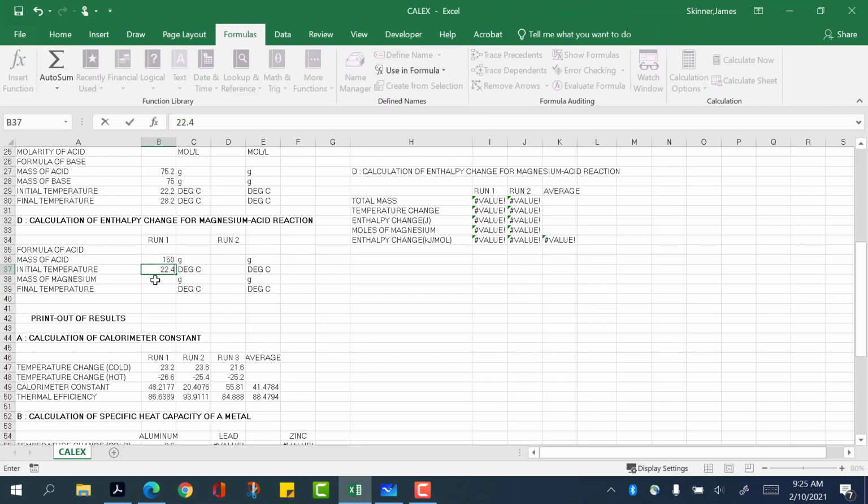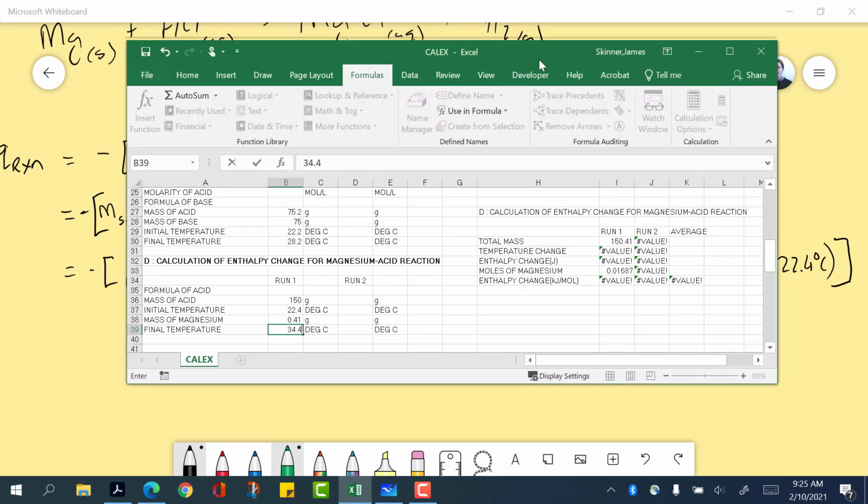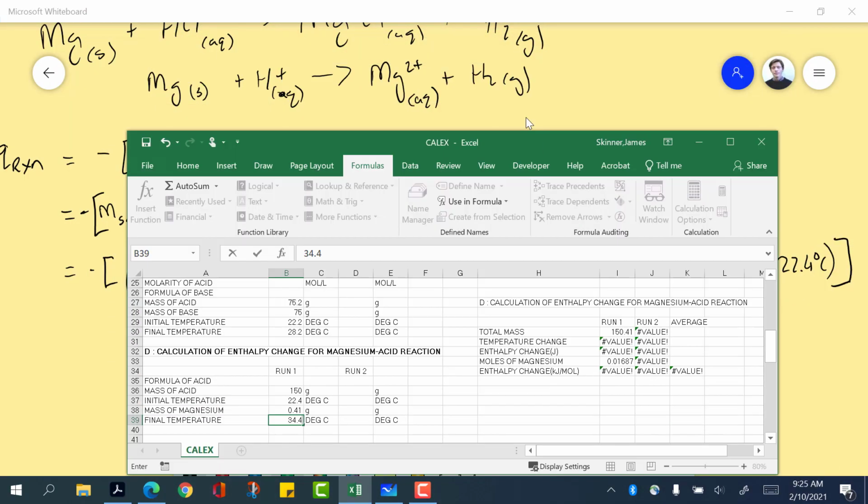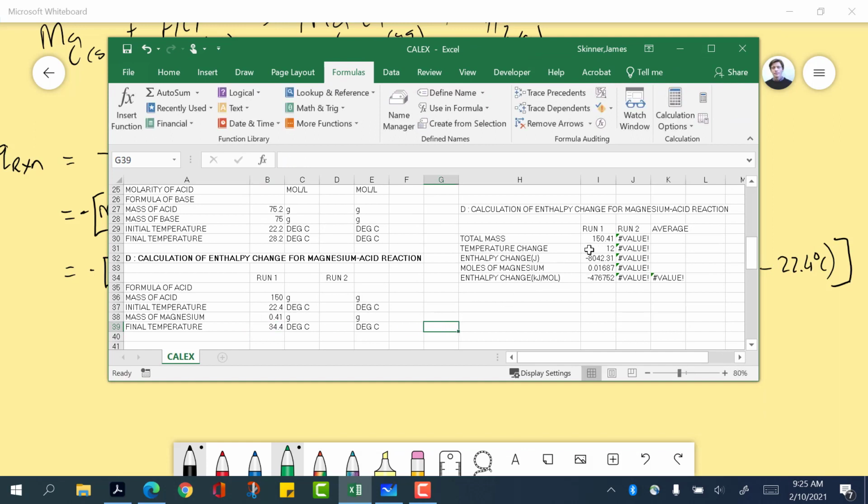The mass of the magnesium was 0.41. And the final temperature was 34.4. Make sure I get that right. 34.4. And if you do that, it gives you the enthalpy change right here.